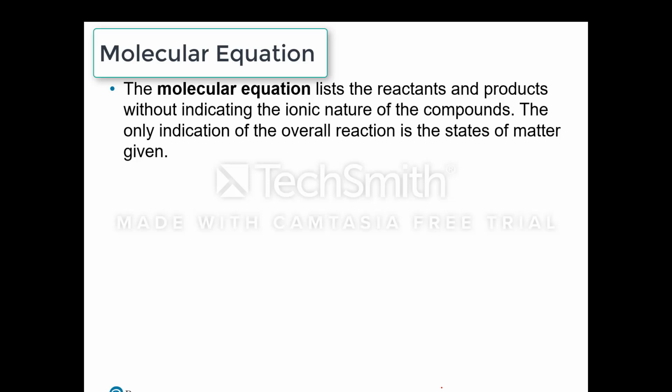We'll have other ways of expressing metathesis reactions, and that's the complete ionic, which we'll talk about in the next slide. So for example, here we have lead nitrate that's aqueous plus 2 potassium chloride that's aqueous produces lead 2 chloride that's a solid plus 2 potassium nitrate that's aqueous. So this is what we call a molecular equation.